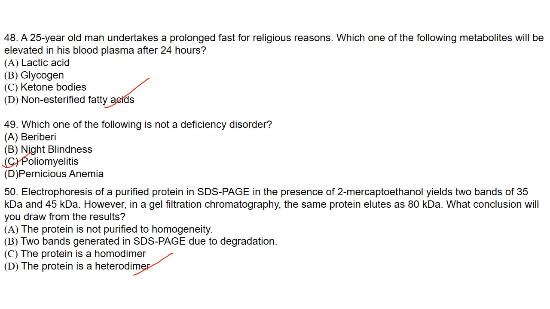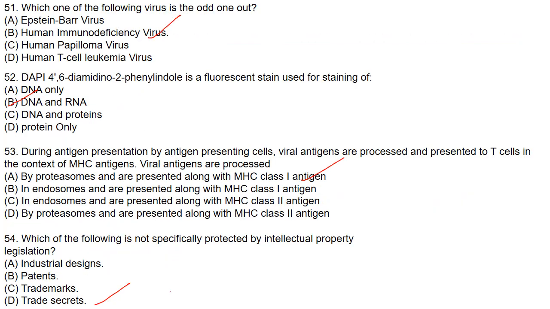But SDS page with beta-mercaptoethanol treatment resulted in 2 bands which are of different sizes, that is 35 kDa and 45 kDa. If you add 35 plus 45, you will get 80 kDa. So 80 kDa is made up of two subunits which are different in size. So it is a heterodimer. So the protein is a heterodimer. Answer is option D.